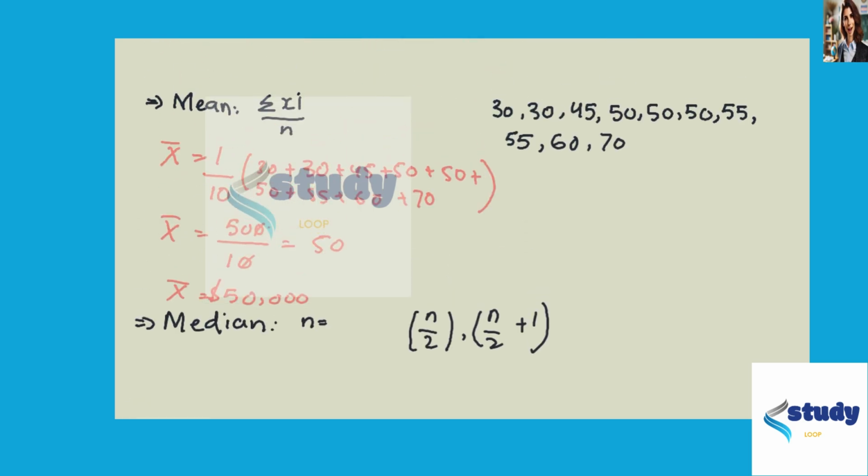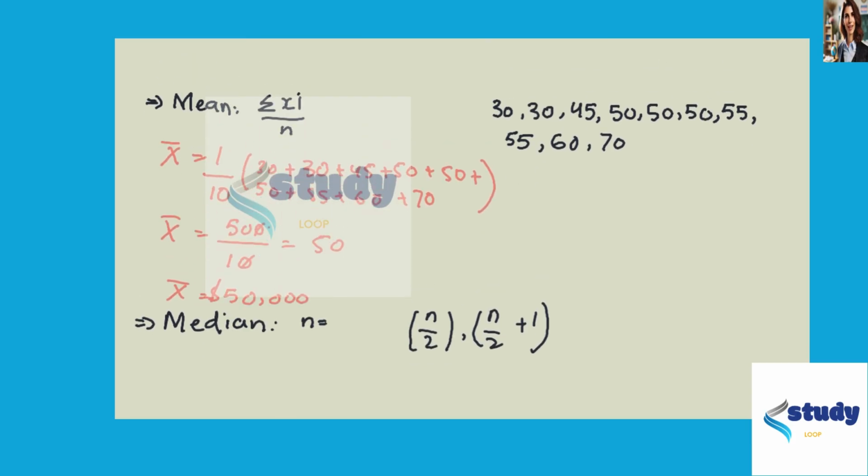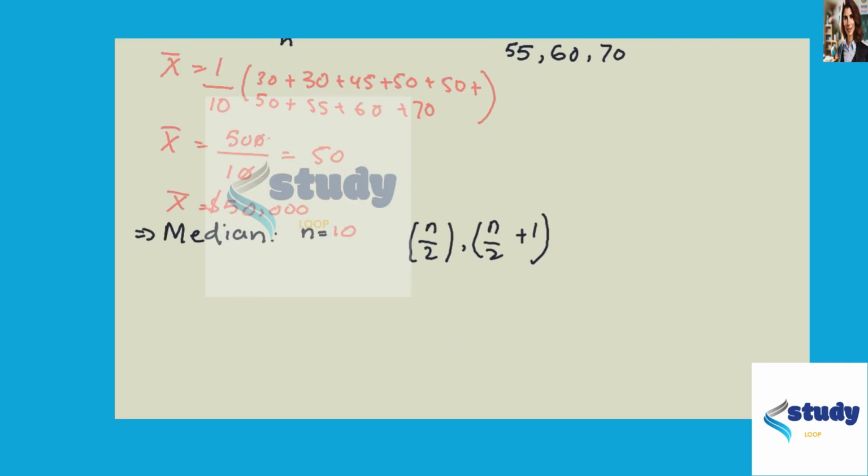We know that the median is found using the number of observations. We have 10 observations. If it is even, then we find two values in the data: n by 2, that is 10 by 2, and 10 by 2 plus 1.